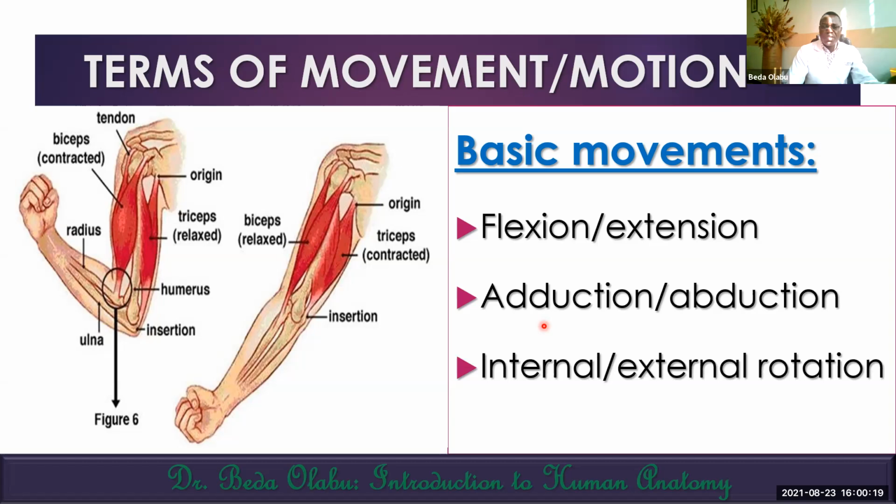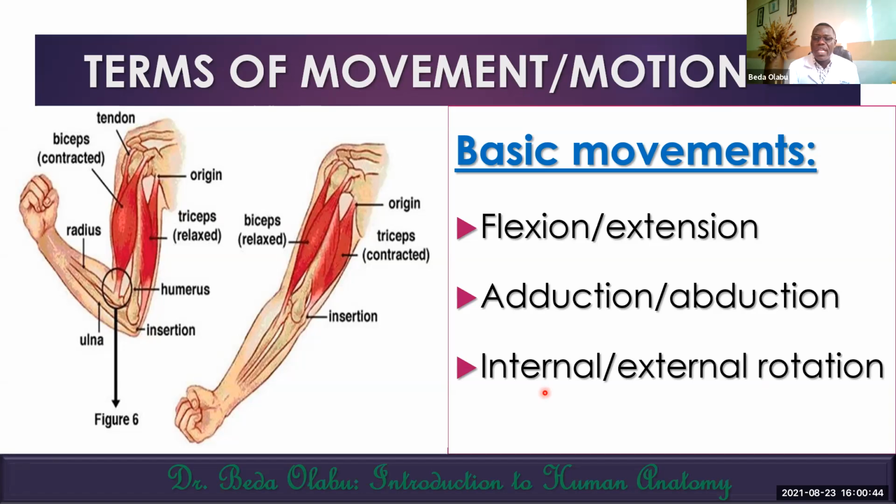Then you have rotation. Again, I want you to get the correct definition of rotation. Rotation is the movement around the long axis of a body region or an organ.